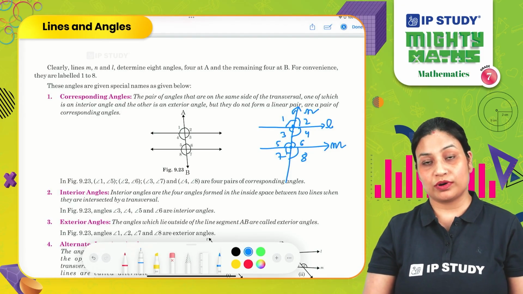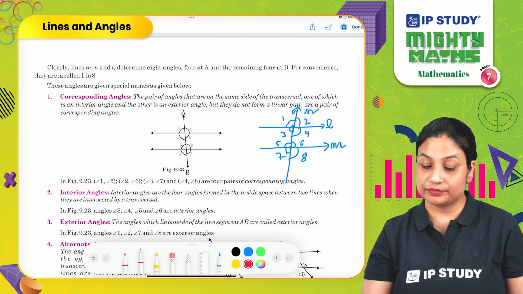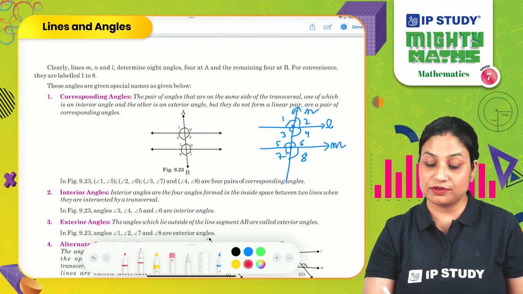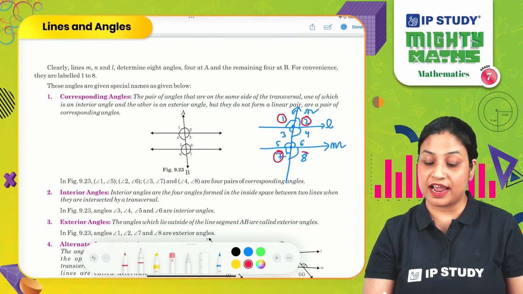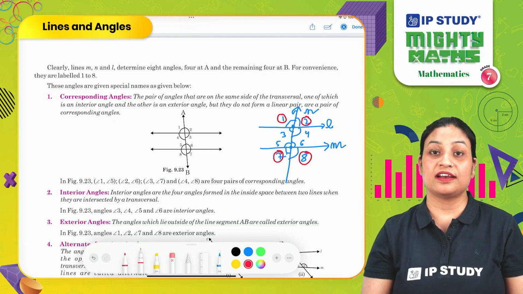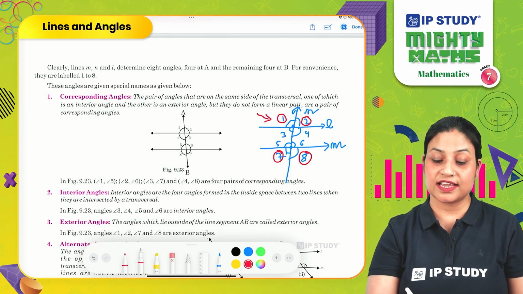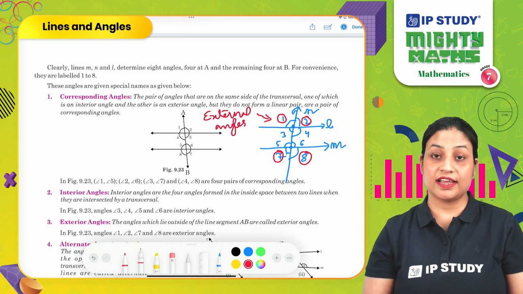Now let's explore what these angles are called. Let me take another color. First of all, can you see angle 1, angle 2, angle 7 and angle 8 outside the parallel lines? They are not between the parallel lines. So we call these angles external angles, right? Now let me take another color.